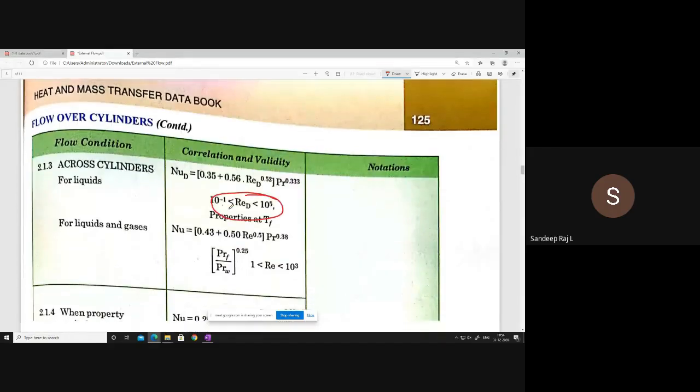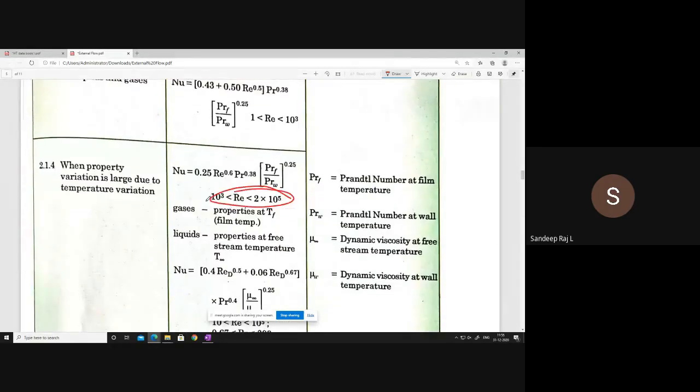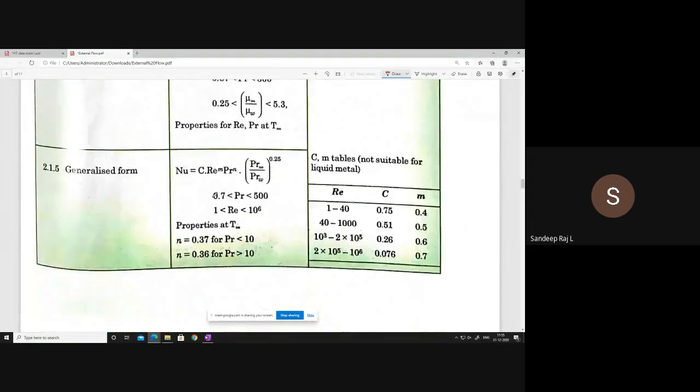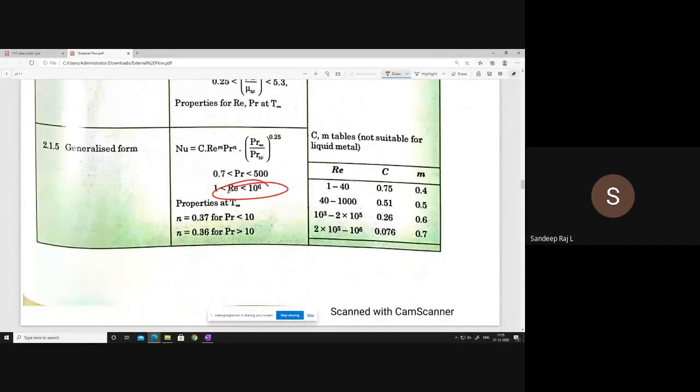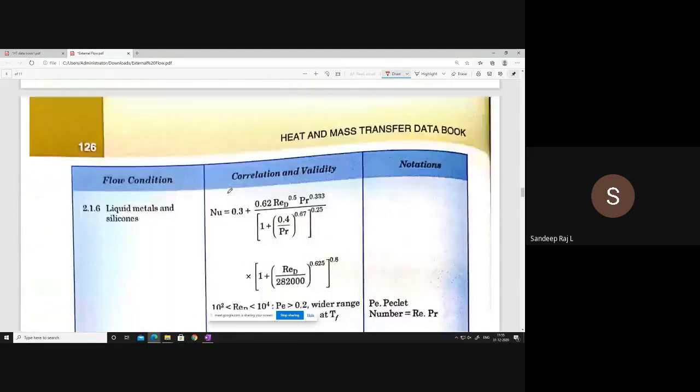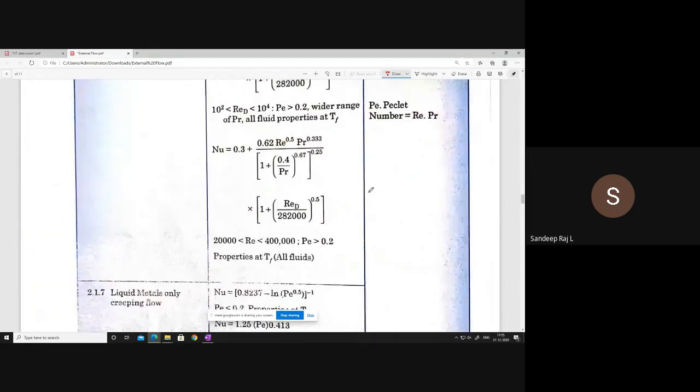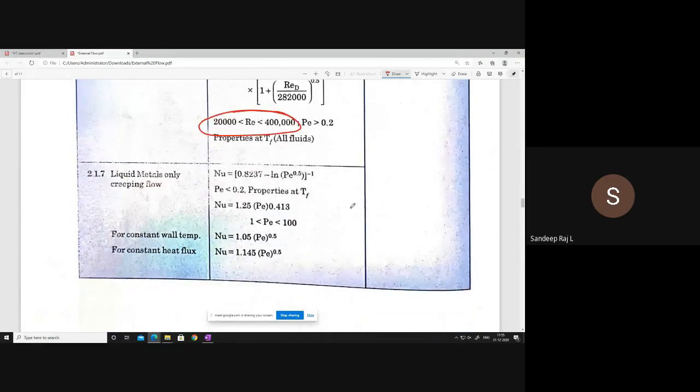The range of Re is given everywhere for every problem. So based on the range of Re, you will choose the kind of formula that you're going to use here.